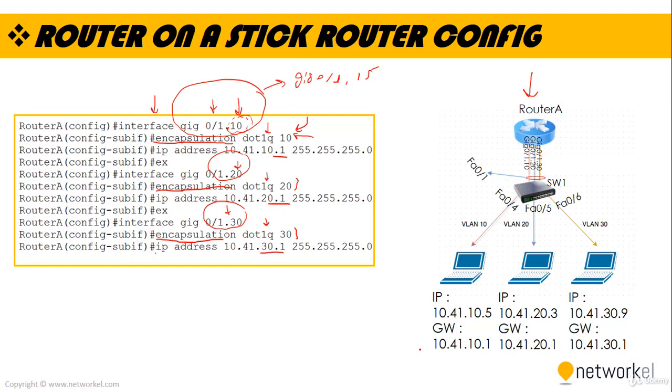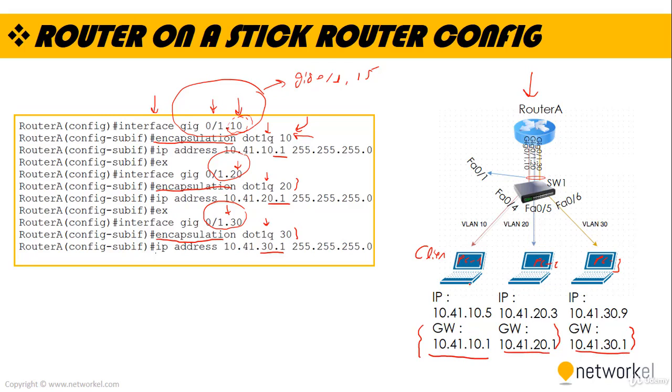Okay, what I need to configure on the client side, for example PC1, PC2, and PC3, is the sub-interface IP addresses as the default gateway of these clients.